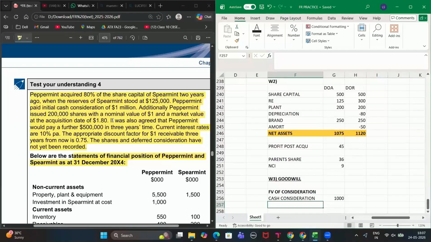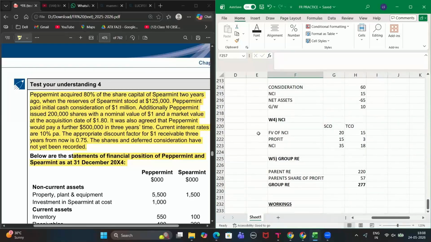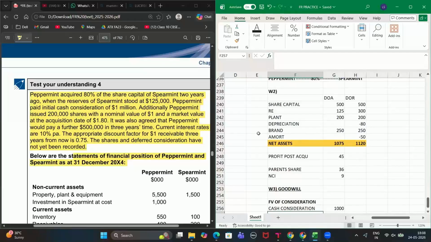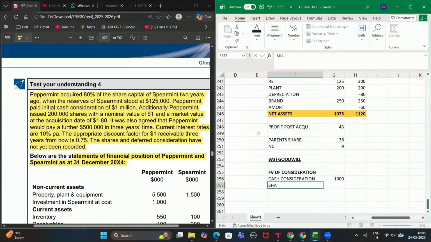What is being provided additionally? Share consideration. How much shares have we provided them? Is it 360? Oh, you're telling me about the amount. Okay, fine. How much is it? 200,000. So we are showing it as 200.